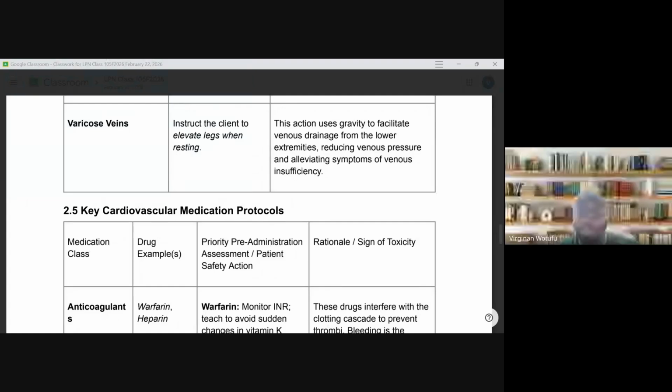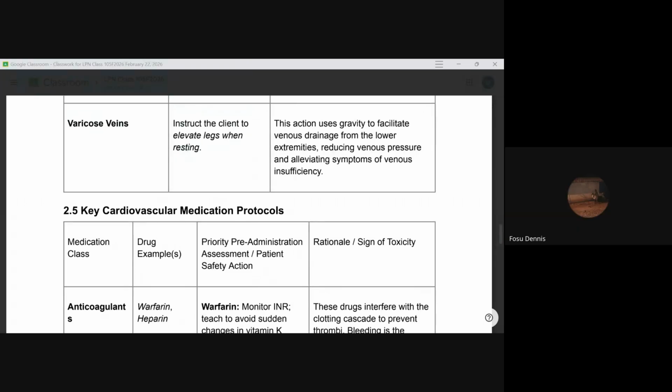Yes, go on, Florence. So with the Cushing's triad, you have three hallmarks. Okay, go on, Dennis. There will be hypertension, low heart rate, and irregular respiration.